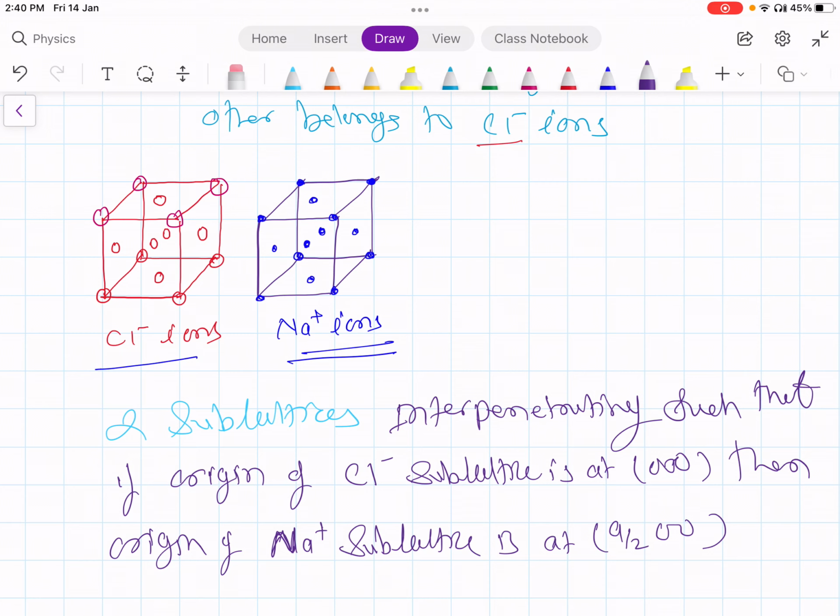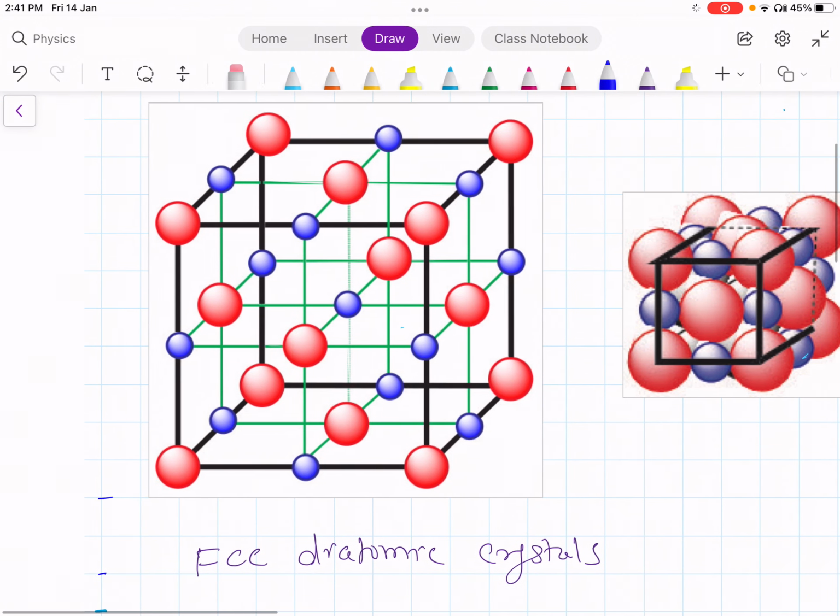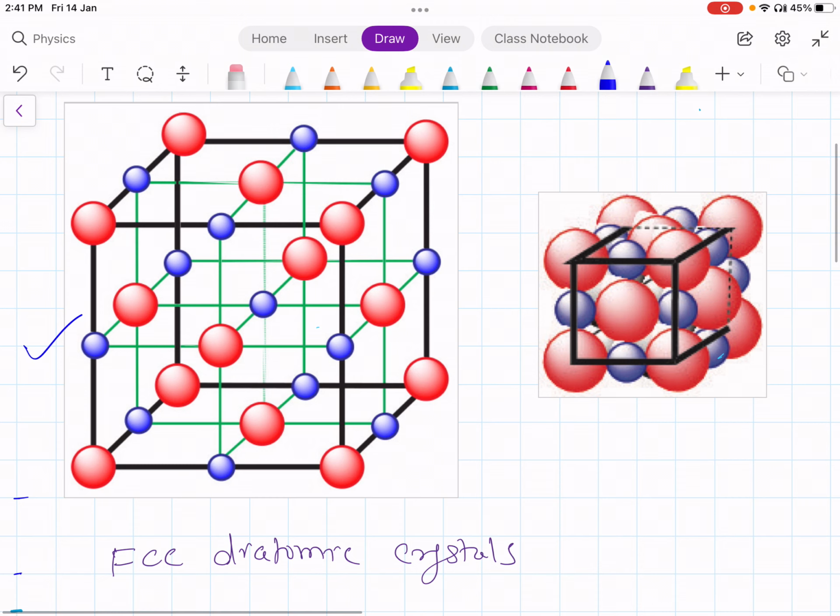This is how these two sublattices are interpenetrating. So these two interpenetrate and form the lattice and unit cell of the NaCl structure. The unit cell of NaCl structure looks like this, in which red are chlorine ions and greenish are sodium ions.